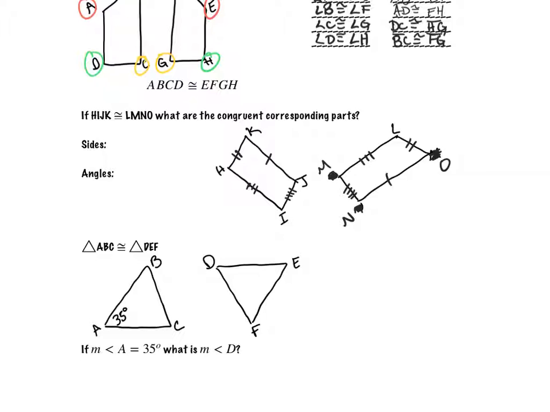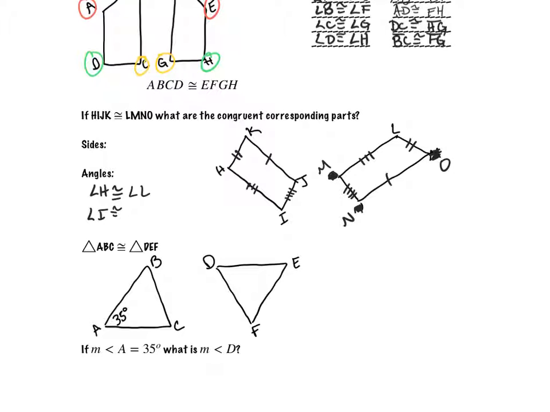Sides are really easy. When you have shapes like this, sometimes labeling the angles gets a little messy when you have more than one. So for the angles I would just list them out. Angle H is congruent to what? L. Angle I is going to be congruent to what?